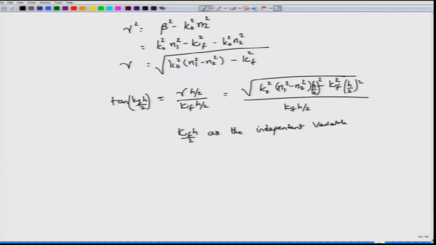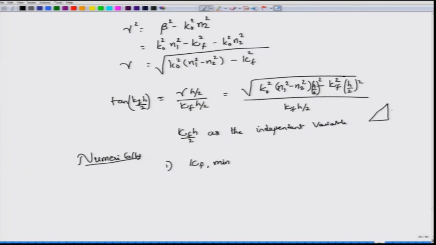Okay. So, what is the method of solution? Well, you can do a numerical solution. So, how do I numerically solve this equation? First, I will figure out the minimum and maximum value of kappa_f. What would be the minimum value of kappa_f? Well, you remember this is a triangle.